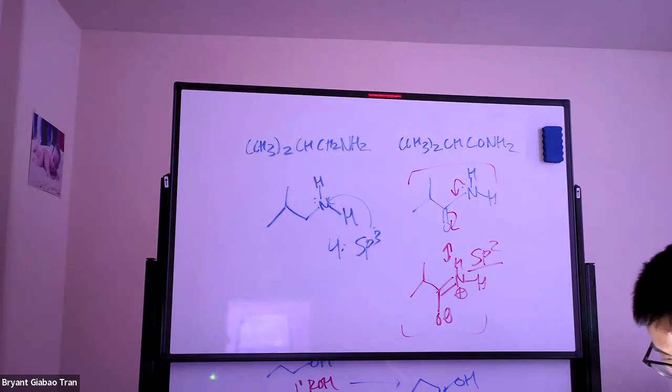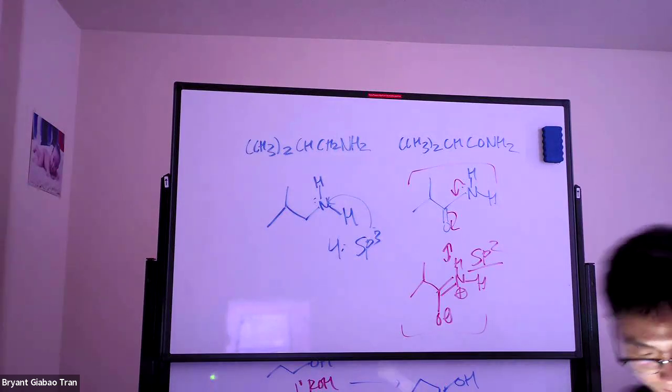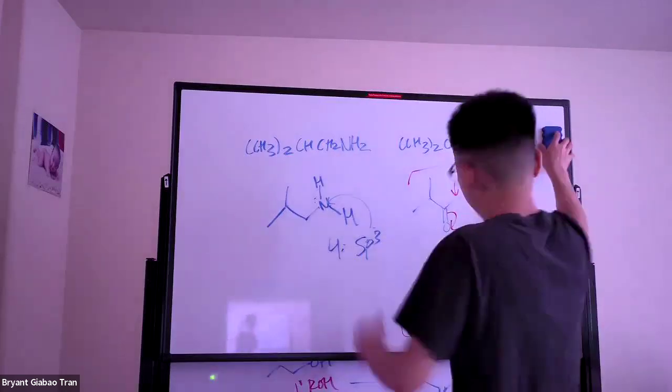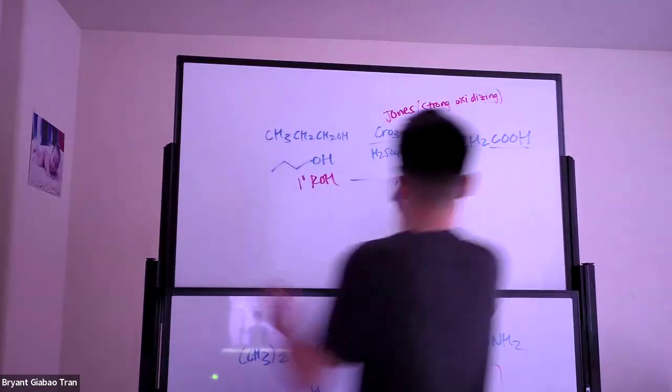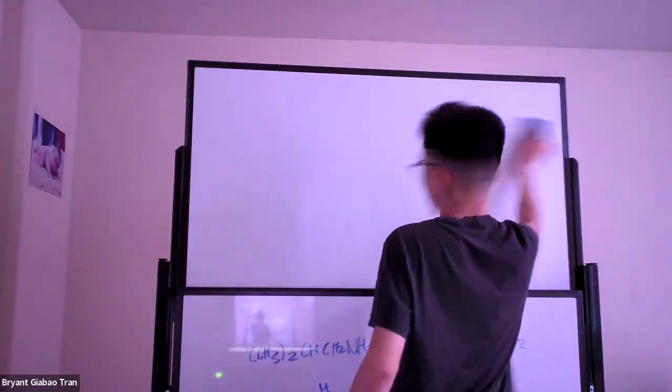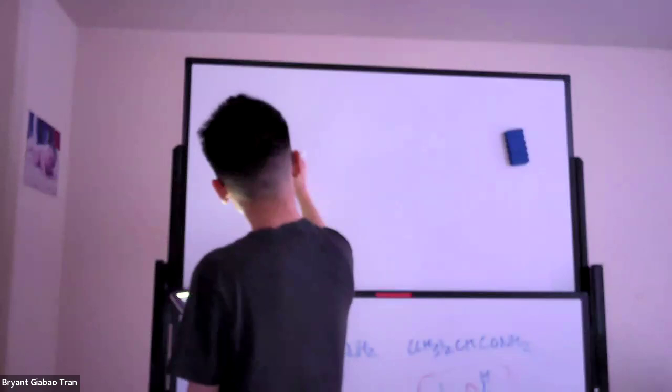IUPAC name. Okay, which are the following products of the reaction? Okay, alkene reaction. Okay, let's see.